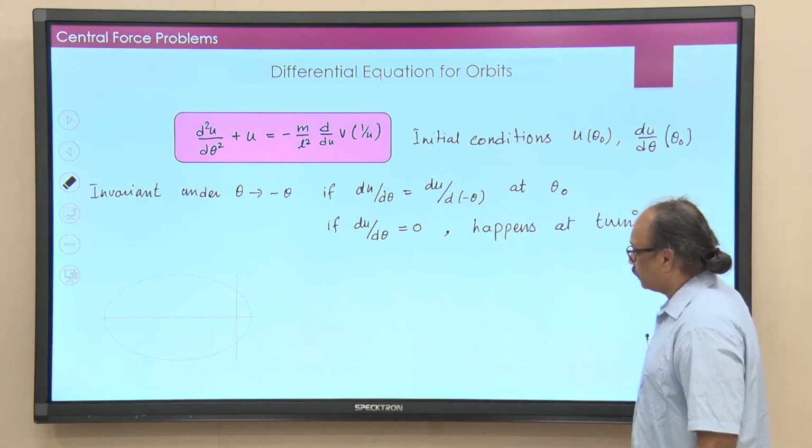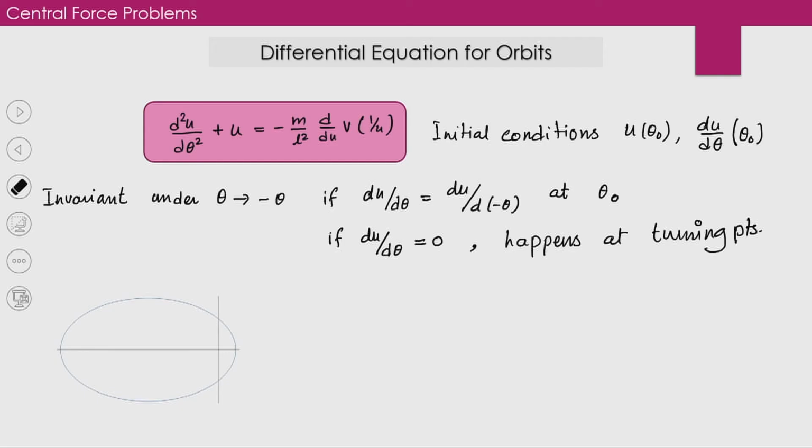But what does that mean? If you look at it geometrically, this is where our turning point is. I will take the first simple case of the elliptic orbit. These two are the turning points. And remember, as the particle travels, the angle theta is measured from the positive x axis. Okay.